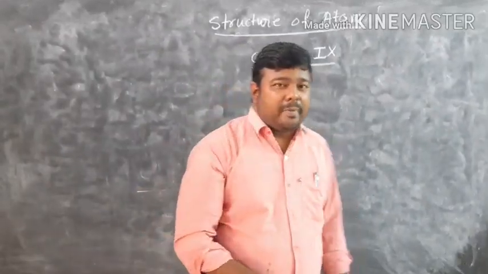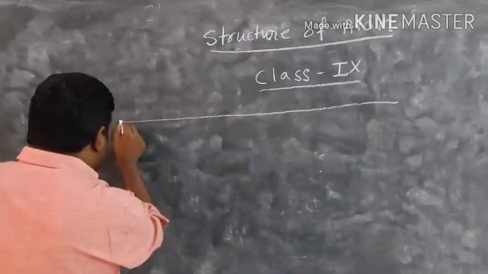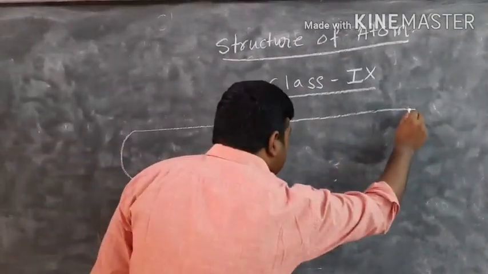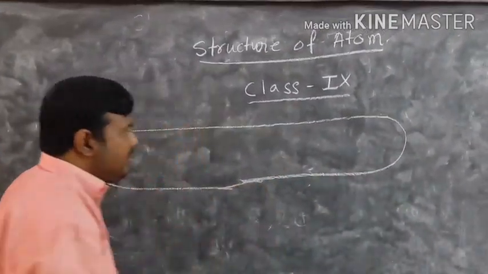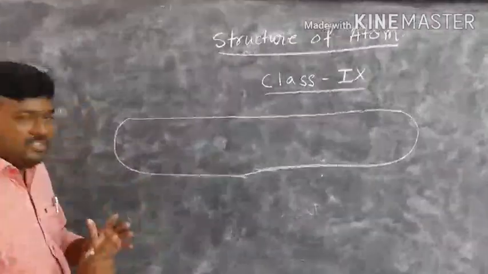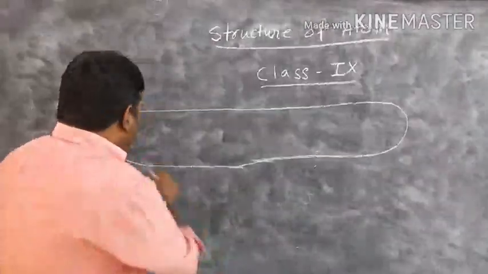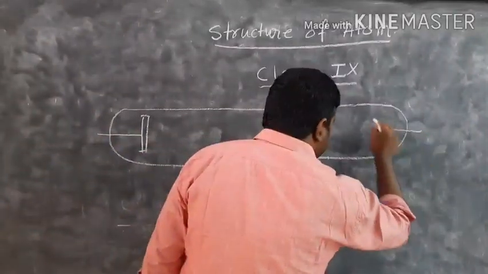So this idea led to the discovery of a subatomic particle known as the electron. The electron was discovered by scientist J.J. Thomson. How did he discover it? He discovered it by his discharge tube experiment, or the cathode ray tube experiment. This is a hard glass tube which has two metal electrodes at the two ends.